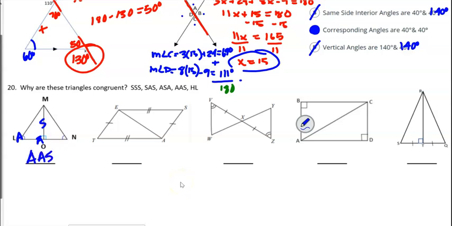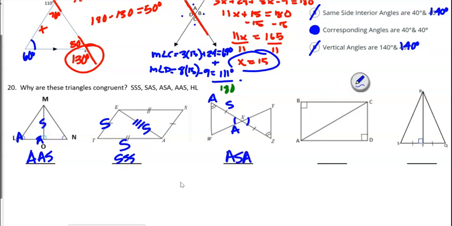Okay, this next one, can't we put 3 ticks on the shared side? So isn't this going to be side, side, side? All right, we can mark our vertical angles here, right? So this is going to be angle, side, angle, right? Okay, again, over here, mark our shared side. And by the way, this was supposed to have a tick there and a tick there, and it didn't.